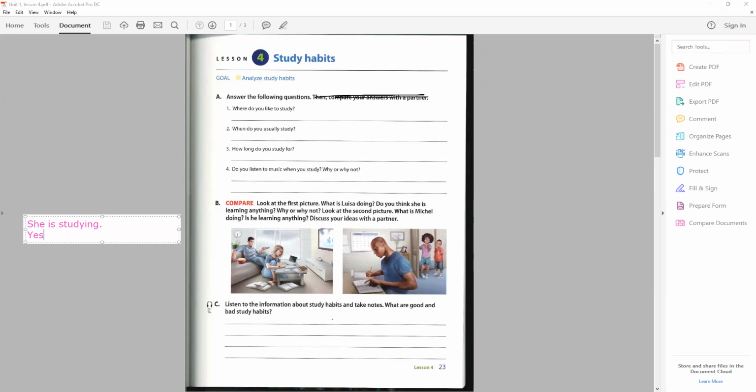Yes. One of the main reasons why I think she's learning could be because, well, it could be yes or no. I think she's learning because she's focusing on her work. But it could also be no, because if you look, it looks like they have the TV going.